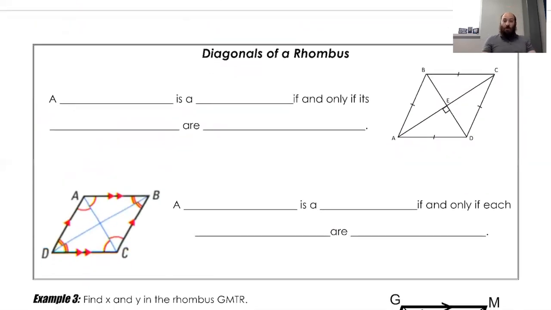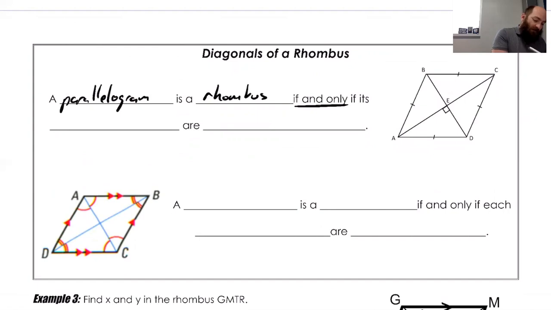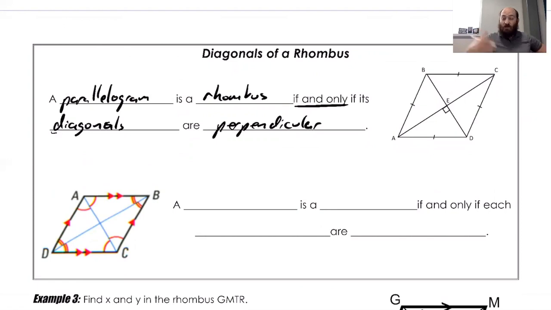Got three more properties to talk about today, and that's going to be involving the diagonals of the rhombus and rectangle. So a parallelogram is a rhombus if and only if its diagonals are perpendicular. So that's a feature of just rhombuses, that's a parallelogram that has this right angle in here.